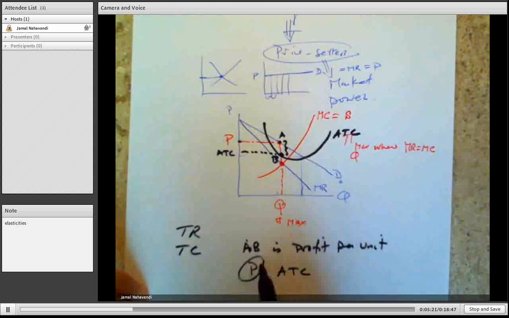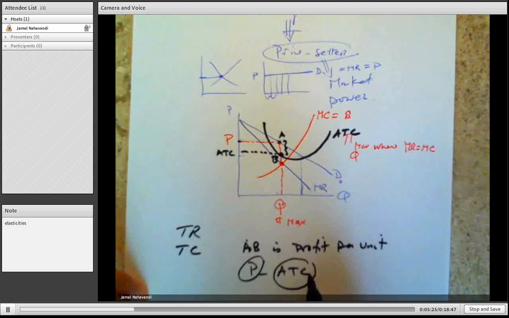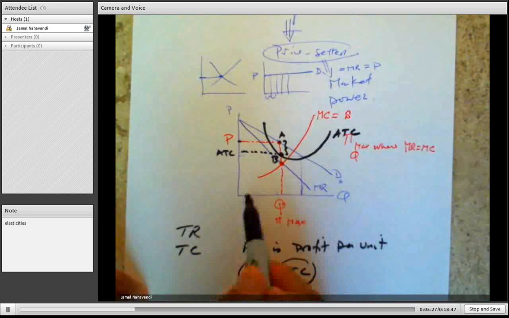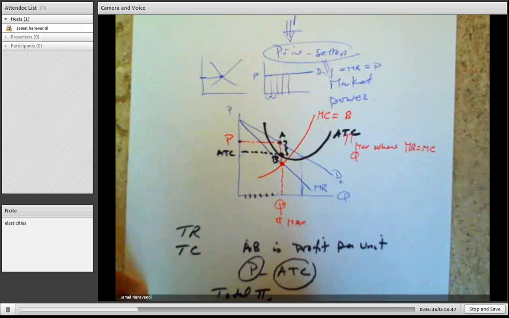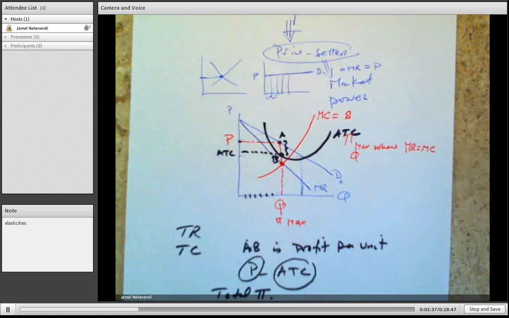That's what the firm receives, and this is what on average it costs to produce. And of course, if you multiply that by the number of units that a firm is producing, that will produce the total profit for the firm. And that's how profit is calculated for a monopoly.